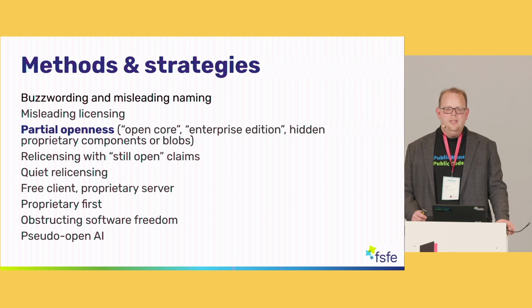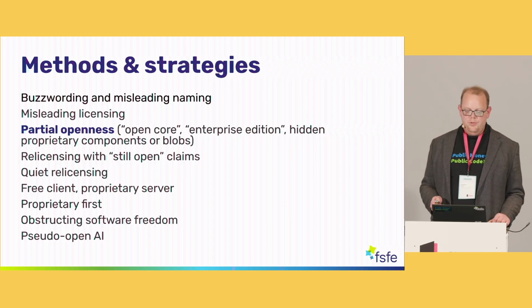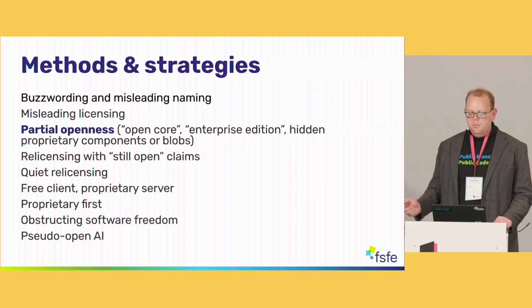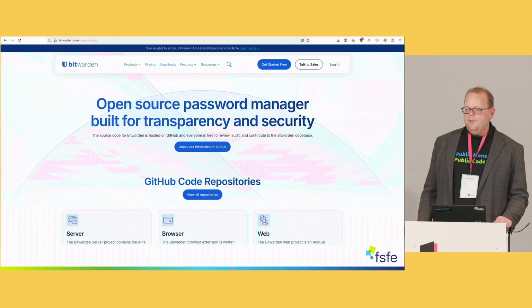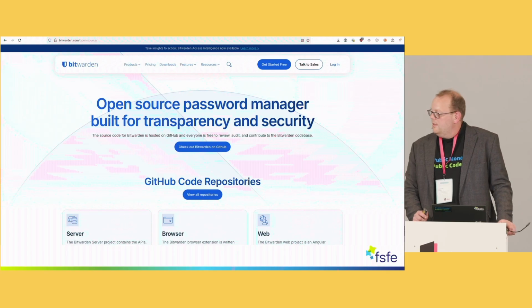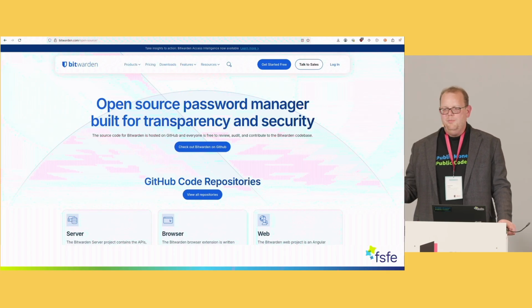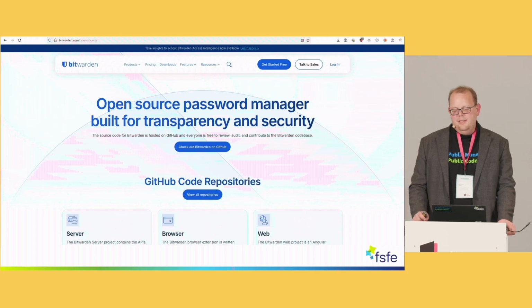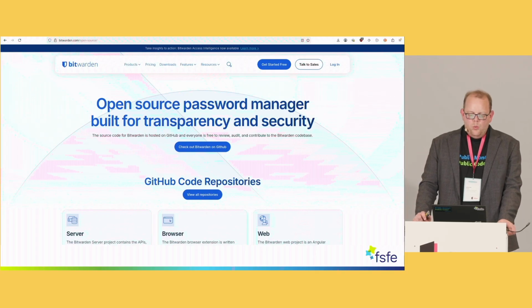Or also having a community edition and an enterprise edition, the community edition under a free software license, the enterprise edition under a proprietary license, but claiming everything to be free software, not really being open about the enterprise edition being proprietary. An example for this, not about community versus enterprise edition but about the open core model, is the quite well-known password manager Bitwarden.